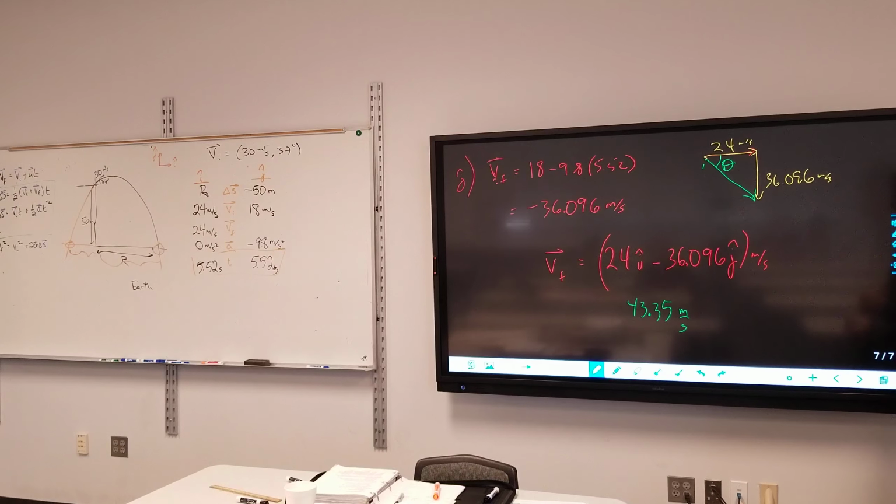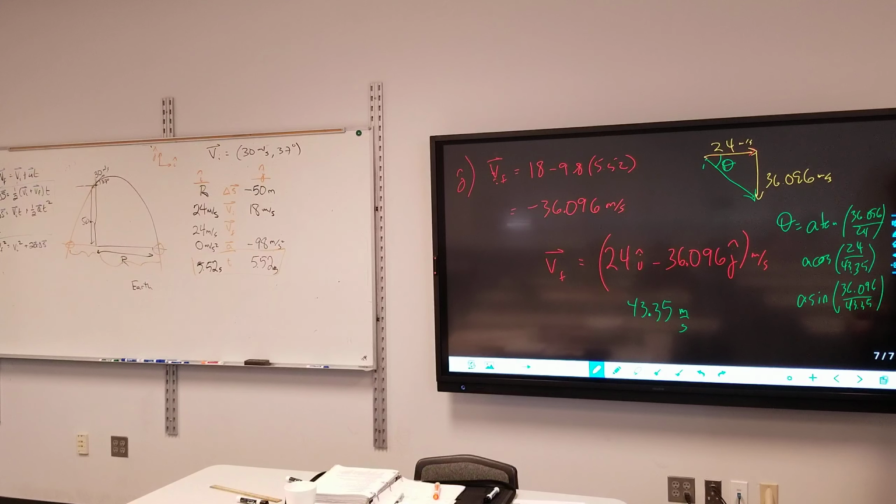So theta is the arctan of 36.096 over 24, or arc cosine of 24 over 43.35, or the arc sine of 36.096 over 43.35. They should all give the same answer. If they don't, check to see if you're in radians first.